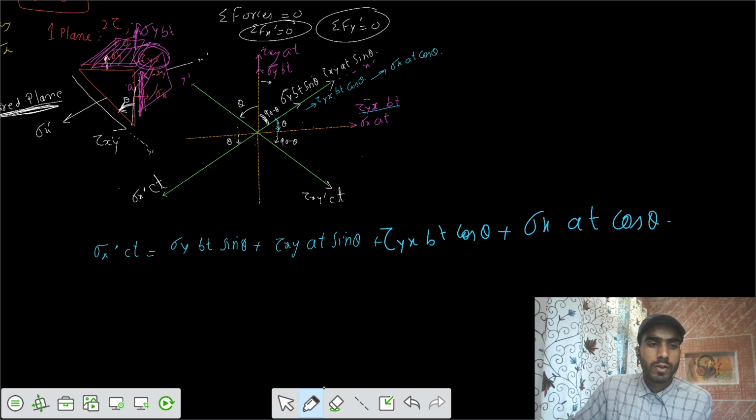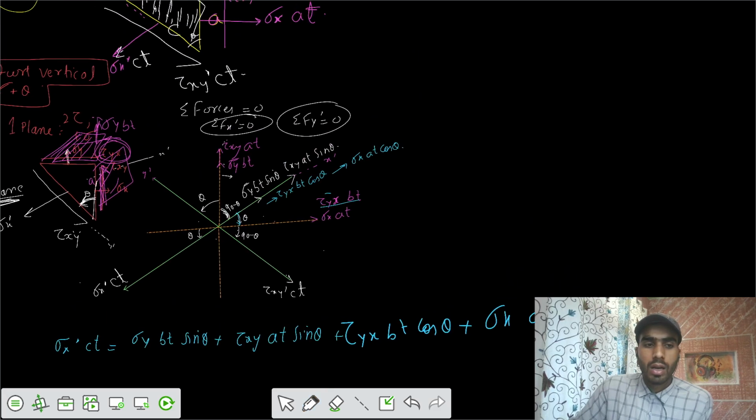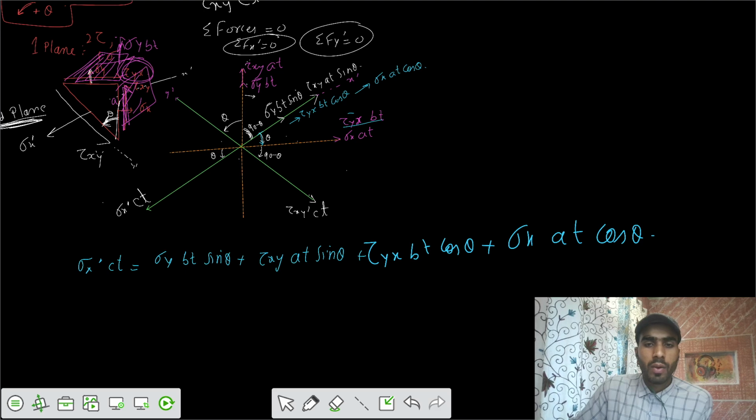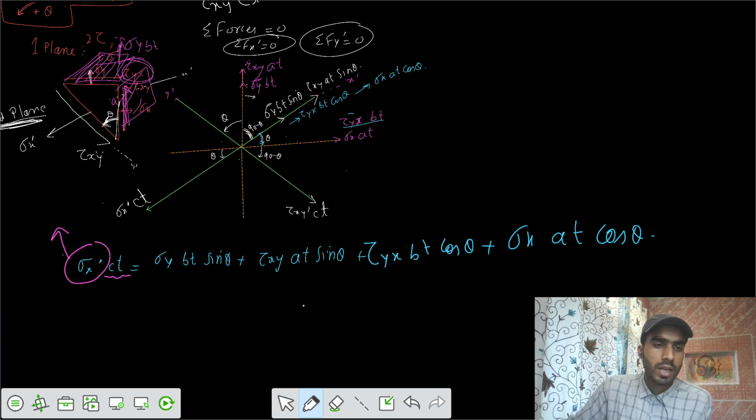Since T is common in every term, we can ignore the value of T. Our goal is to get the stresses along that particular plane, sigma x dash and tau x dash. We want to get the value of sigma x dash from the known values of sigma y, sigma x, tau xy and tau yx.